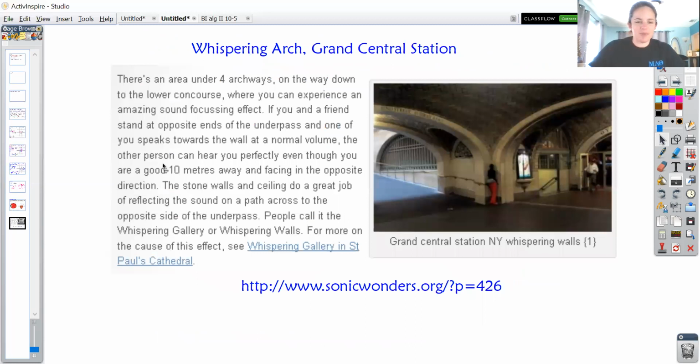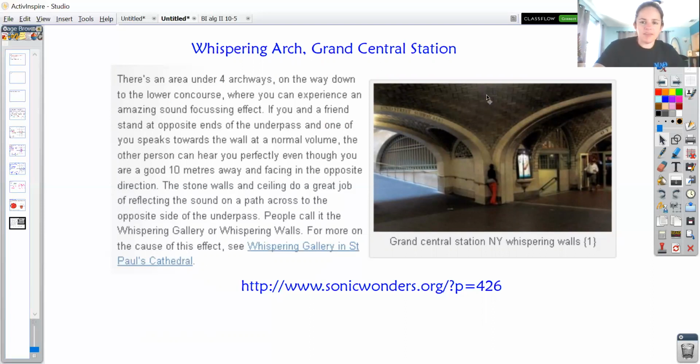Another one is if you've ever been to Grand Central Station in New York City, there's the Whispering Arch. It's a huge train station, lots of traffic, lots of people. But if you find the Whispering Arch, which is in one of the tunnels, the ceiling is actually shaped as an ellipsoid, which is an ellipse that is spun on its axis to make it 3-dimensional.